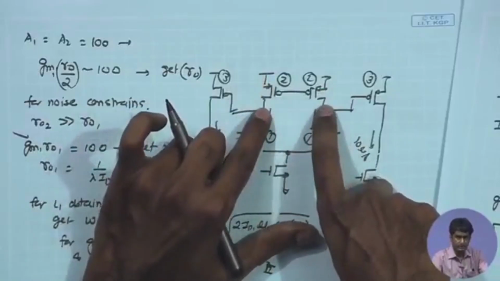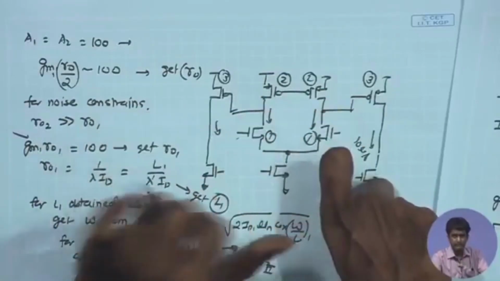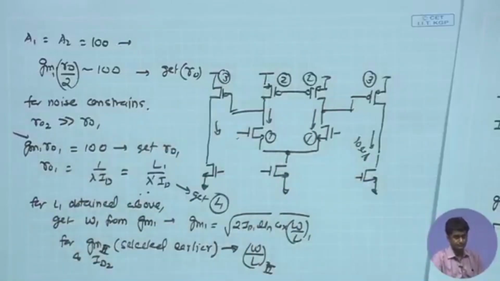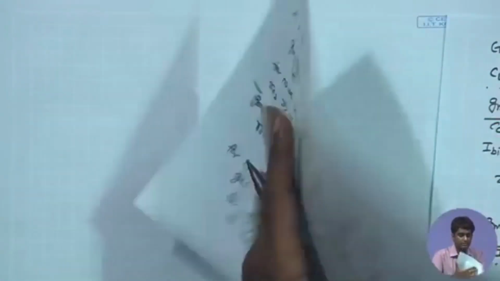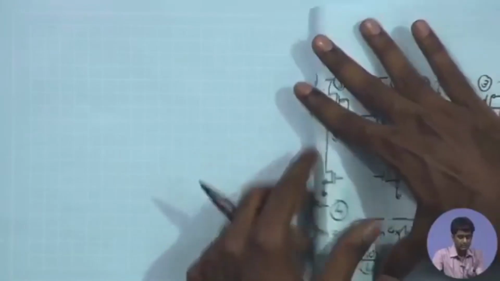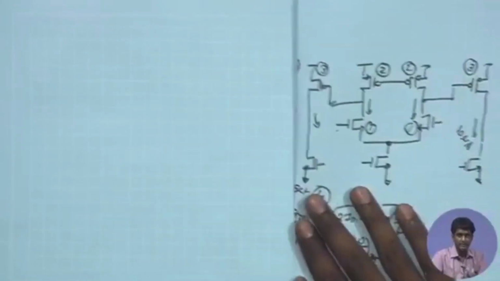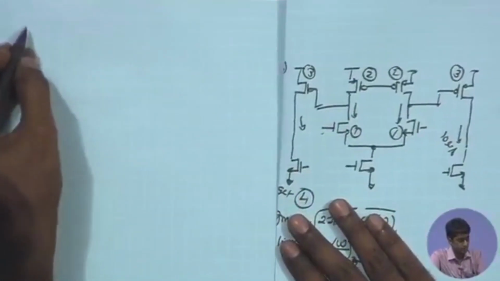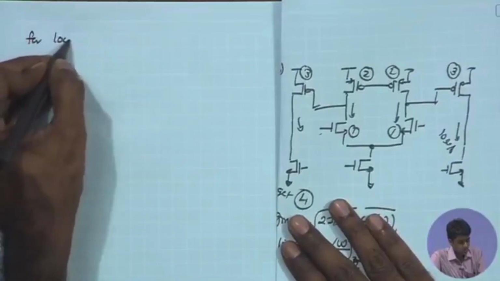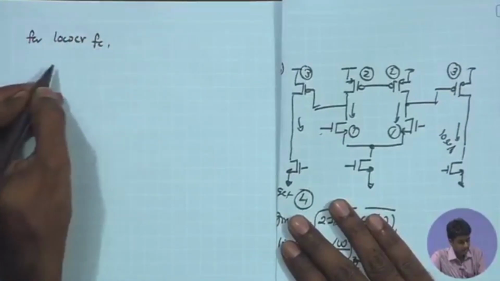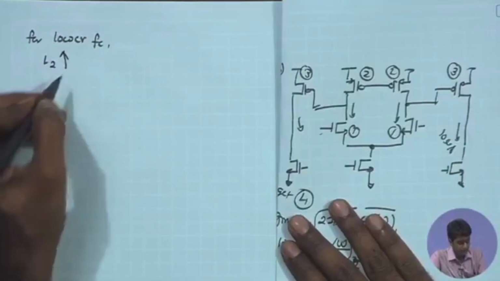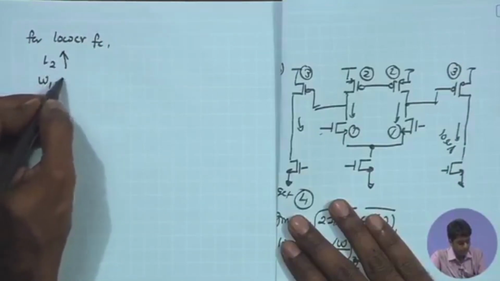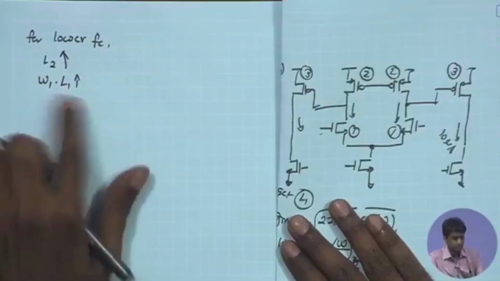What is the possible disadvantage of that at the first stage? If I consider the noise issue, let me just keep this circuit as it is. For lower FC, I would like the L of 2 to be large and also W1 times L1 to be large, both these factors.